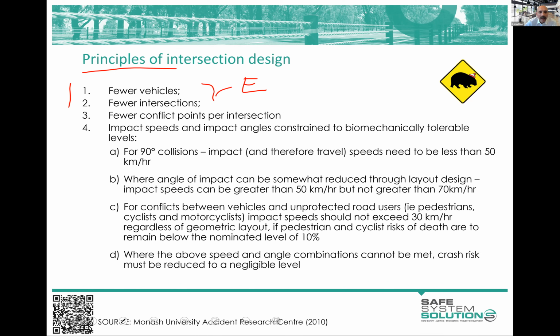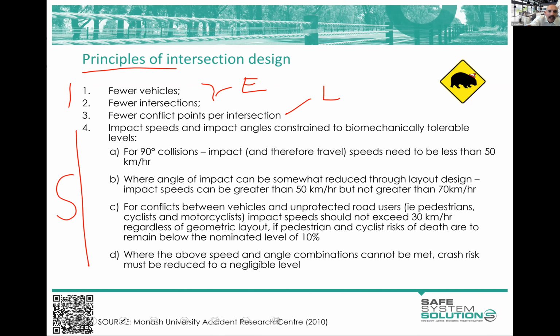Or if you've somehow eliminated that conflict point, all of the conflict points, but I'll get to that. Because the next one is conflict points per intersection. That is actually a likelihood factor. If you haven't eliminated all the conflict points, then we're into likelihood. Then we've got all of these severity factors.